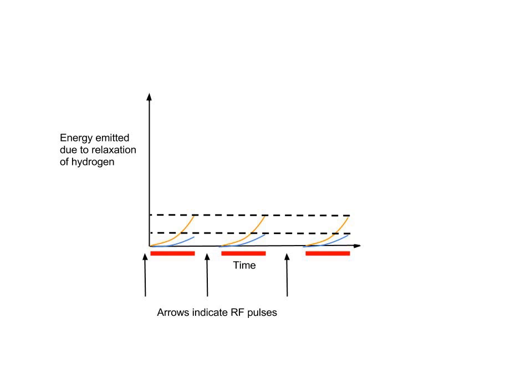But then, after a short period of time, we switch off the receiver coil and switch on another RF pulse. The effect of the second RF pulse is to stop the energy emission due to relaxation that was happening due to the first RF pulse.